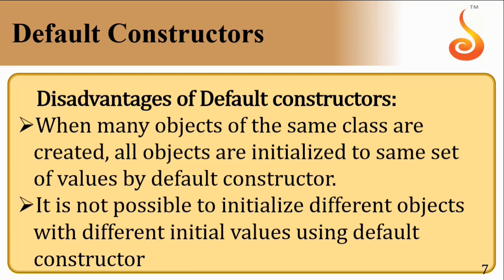Suppose for one I want to initialize the value of x as 5, and for another one I need 6. I cannot do that, right? It is not possible to initialize different objects with different initial values using a default constructor. Using a default constructor, I cannot give different initial values to the same variable using different objects.